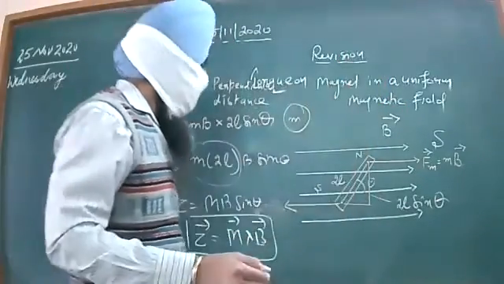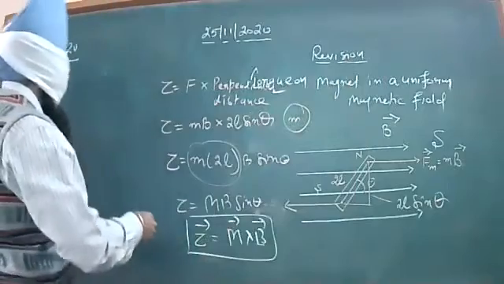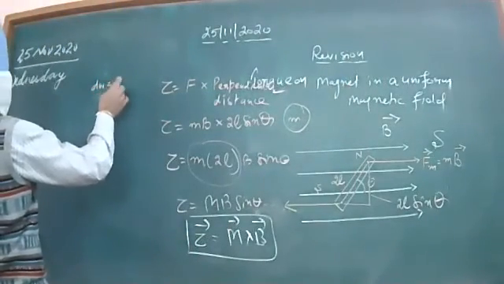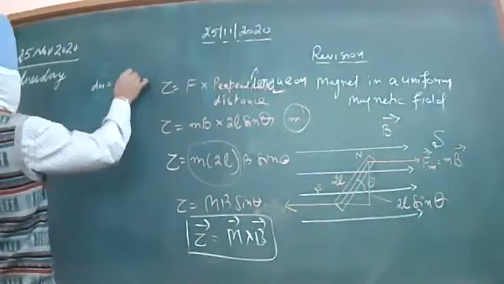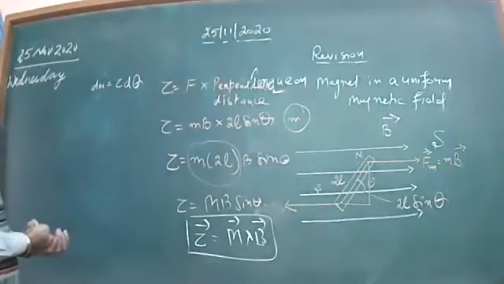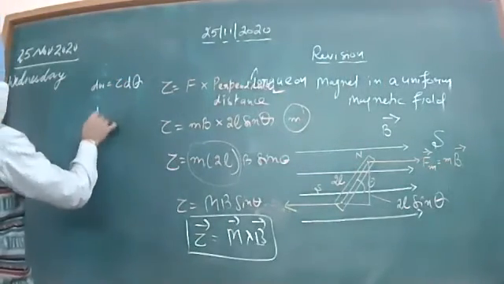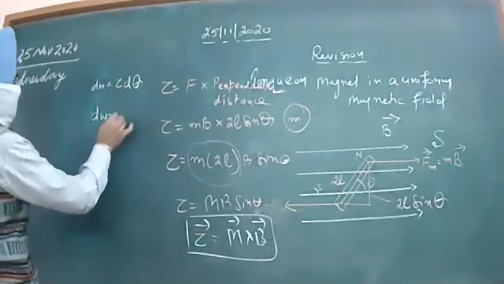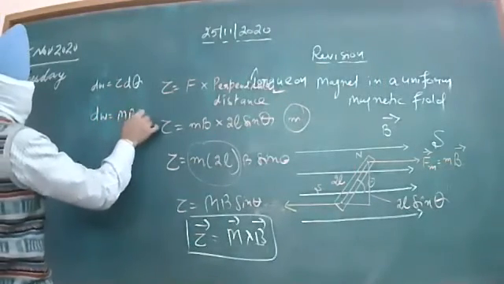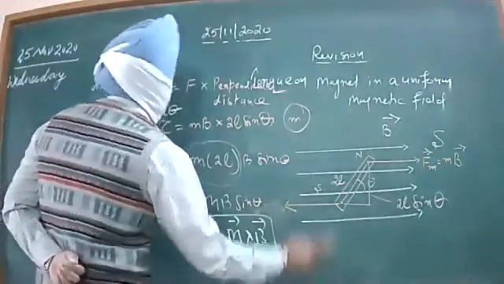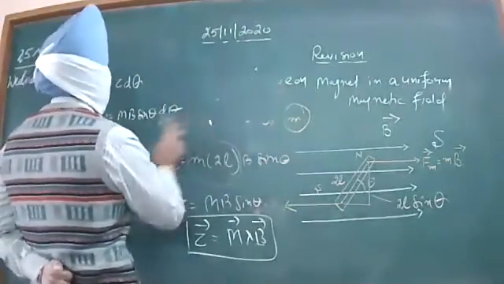And in order to have this tilted at a small angle d theta, a small work done dW will be there, and that will be equal to torque into the angle through which it is getting tilted, tau d theta. So a small amount of work done will be equal to mB sine theta into d theta. Let me manage the space over here.